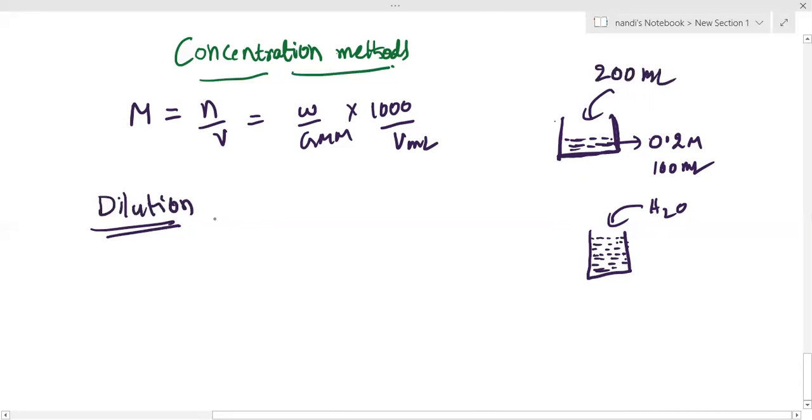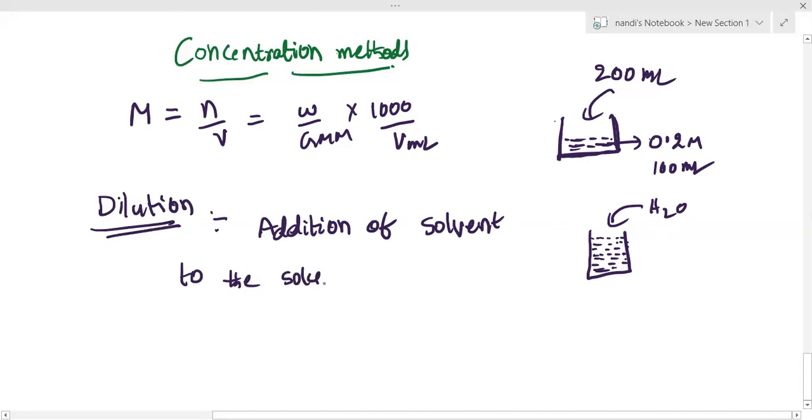Now dilution means addition of solvent to the solution. Is it clear?